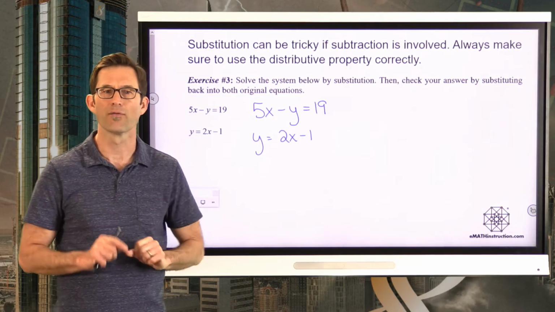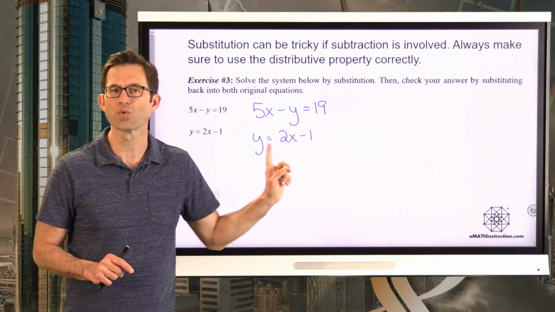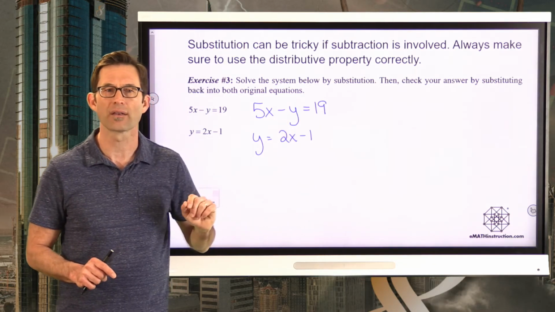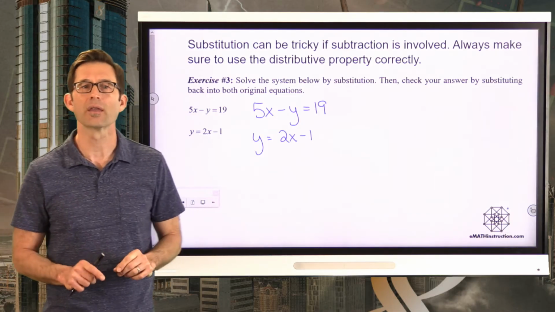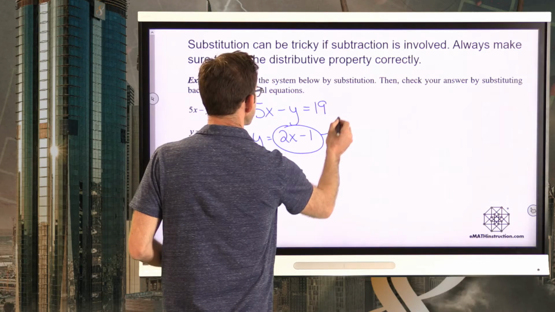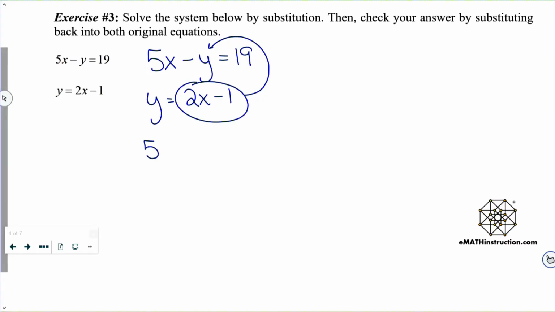But we have to be careful, all right? Because y equals 2x minus 1. It's equal to all of this, and all of this needs to get subtracted. The most common mistake in a problem like this is that a student would know exactly what they're supposed to do, they would substitute it in here, and they would do something like this.